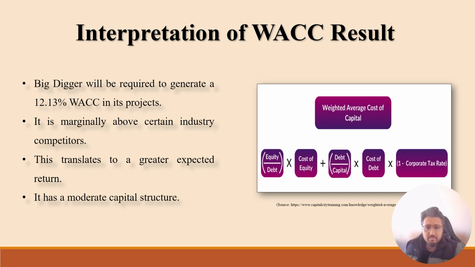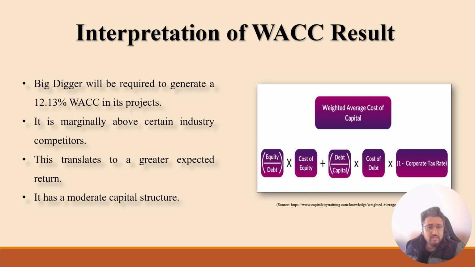Since this is a bit higher than the industry average, it means the company might be seen as a little less competitive when looking at good investments. One reason for this, we can say, is the company's capital structure, where we can see more equity than debt. So equity usually means more cost.